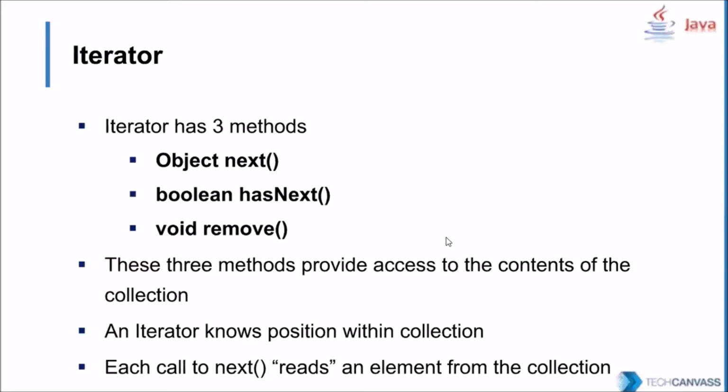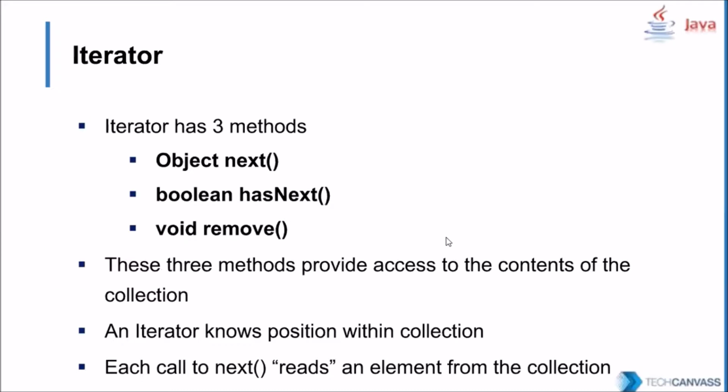As I said, in iterator we have three methods. One is object next, one is boolean has next, and one is void remove. Next is basically pointing to the next element in the list or in the collection.